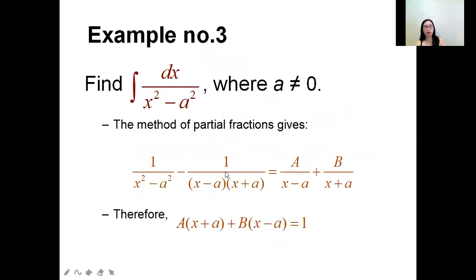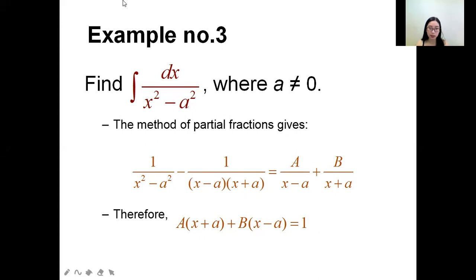So example number 3, find the integral of dx over x squared minus a squared, where a is not equal to 0. So the method of partial fractions gives us, we extract the integral, which is 1 over x squared minus a squared, which is equal to 1 over x minus a times x plus a.